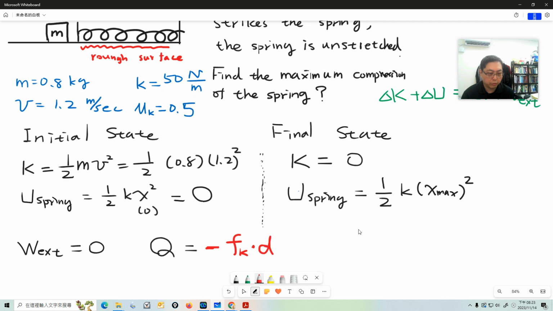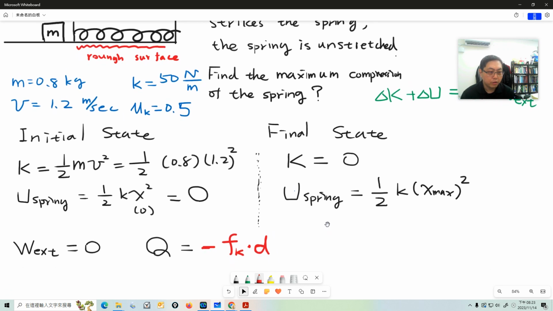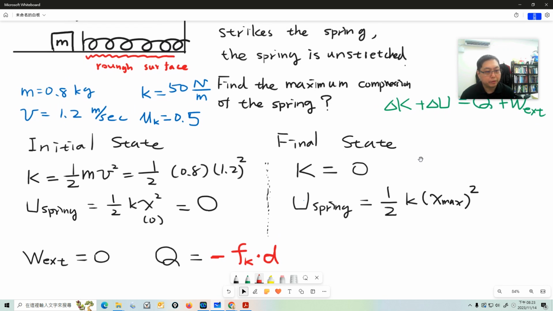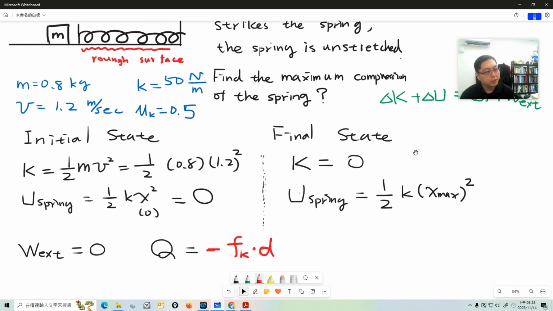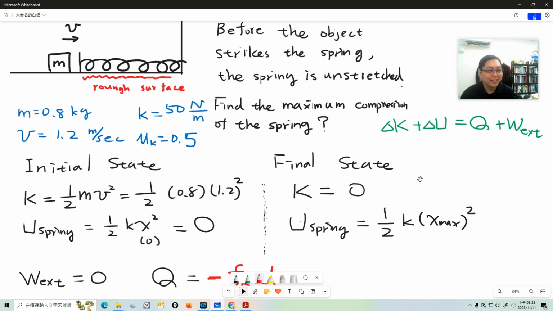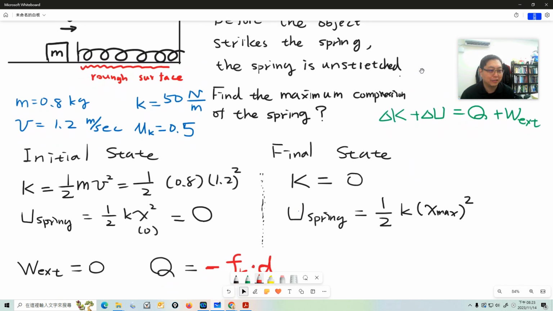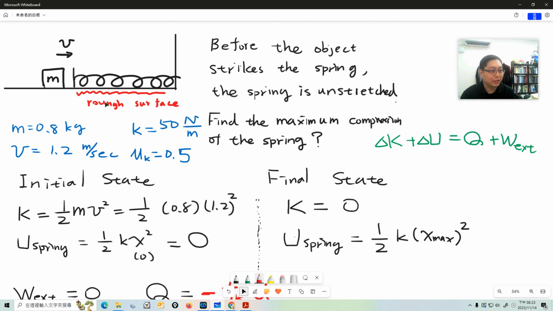Because for friction, you only care about the distance when calculating the work done by the friction. Sorry, my English; that sentence is difficult to understand.